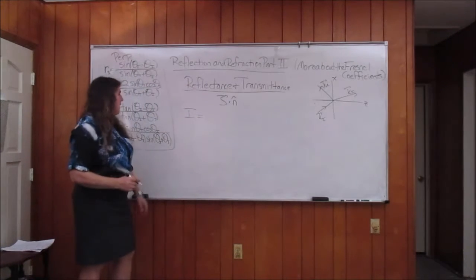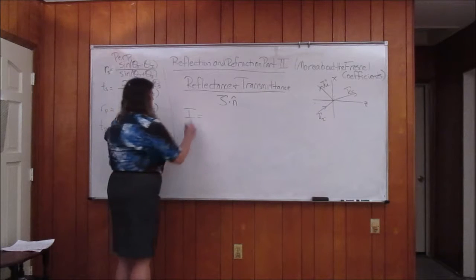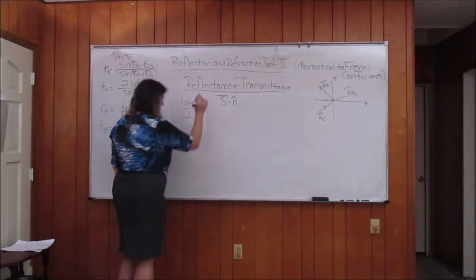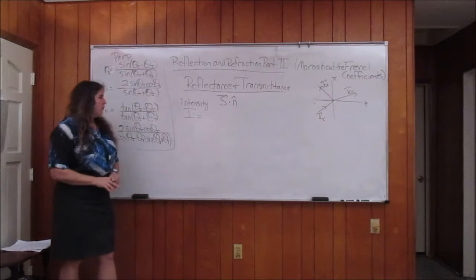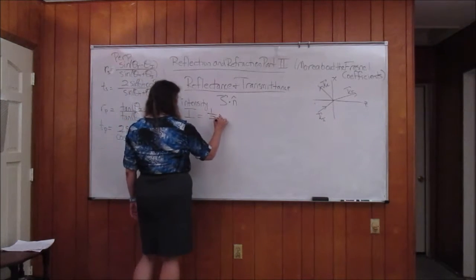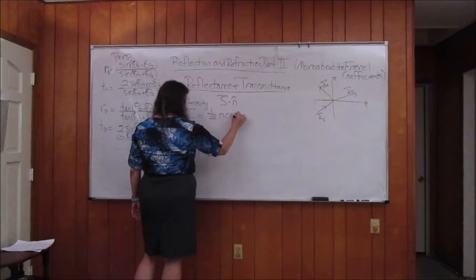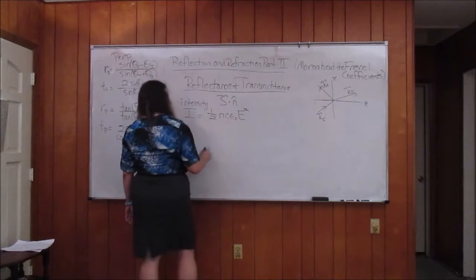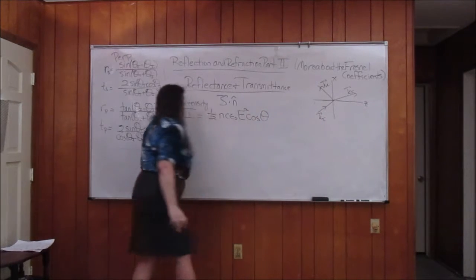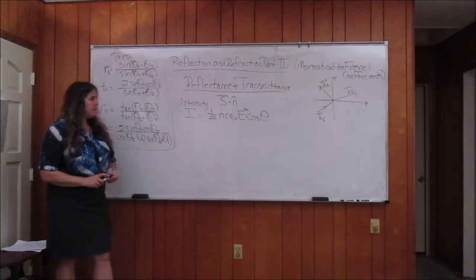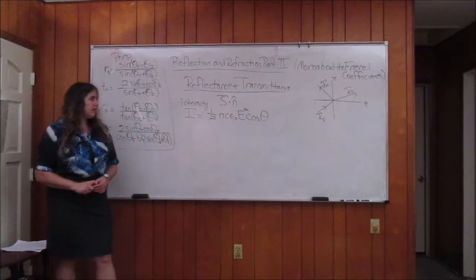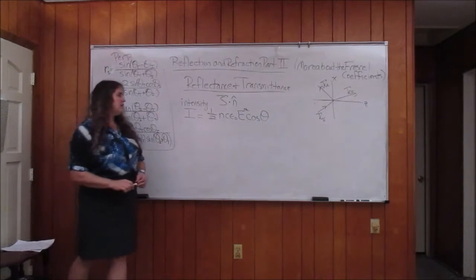And when we were talking about power, we defined the intensity. Or rather, we came up with an expression for the intensity of a plane wave. That's one half times the index of refraction times the speed of light times the permittivity of free space times the magnitude of the electric field squared times cosine of the angle.